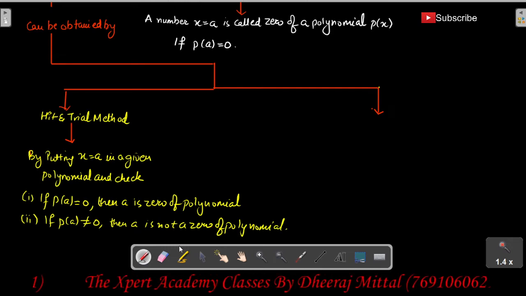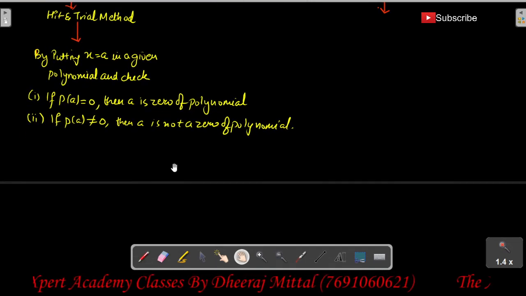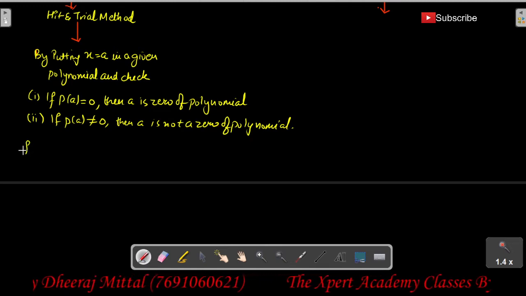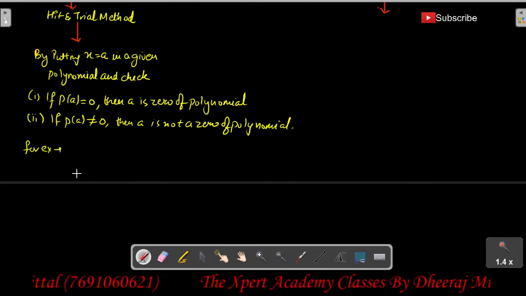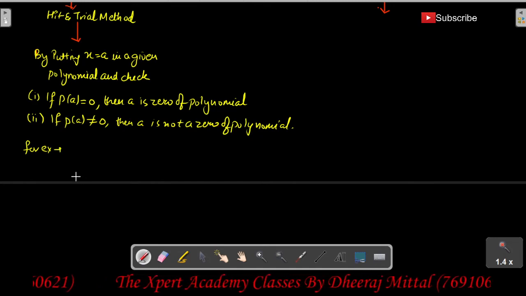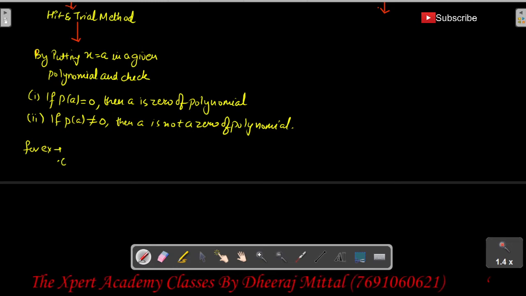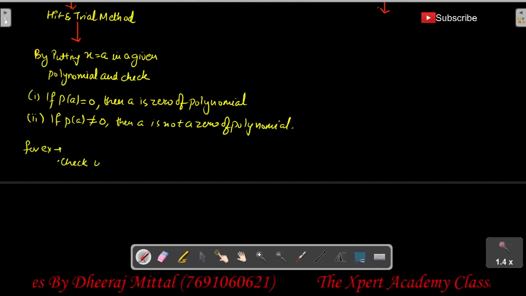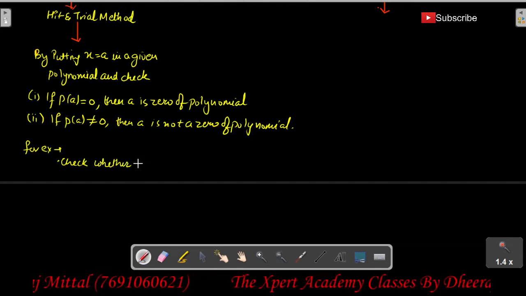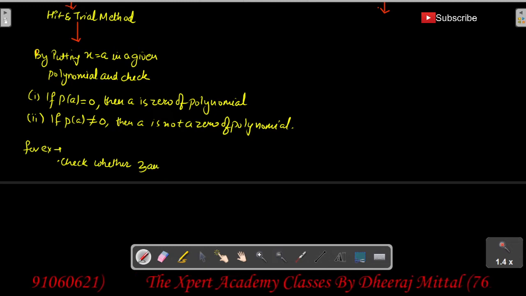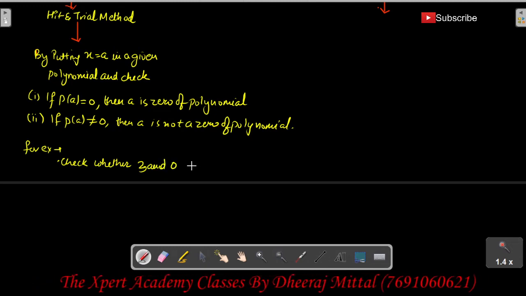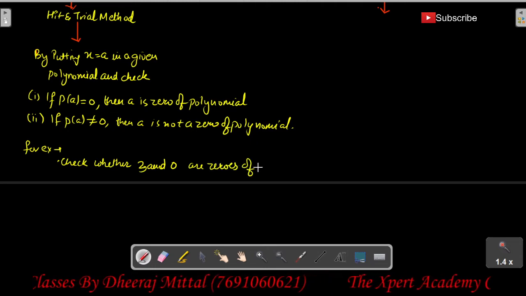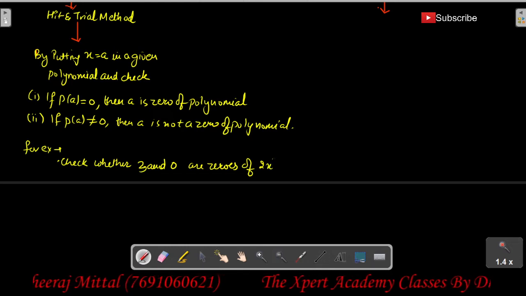Let's take an example. With the help of an example, let's understand what I am teaching you. For example, check whether 3 and 0 are zeros of 2x square minus 3x.